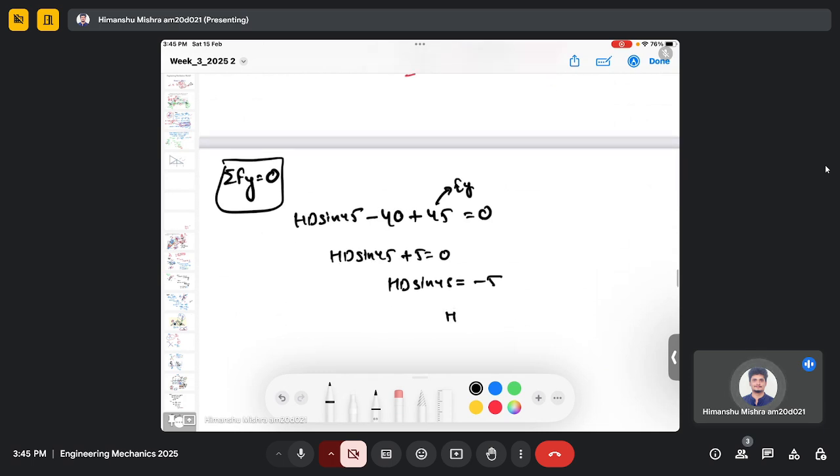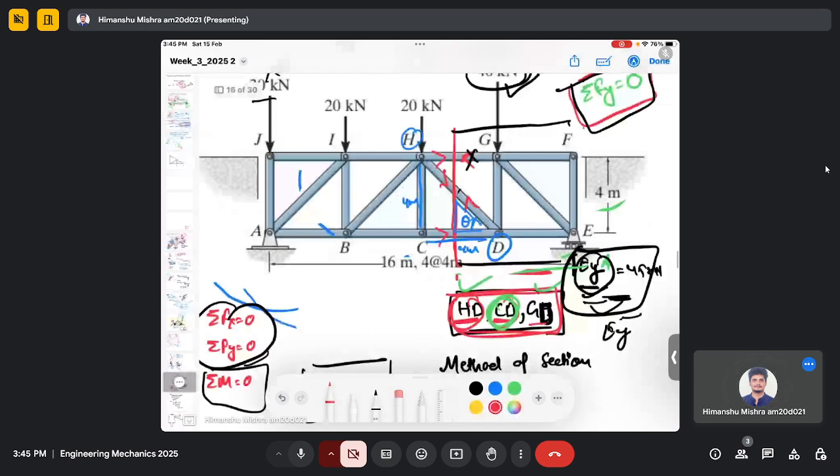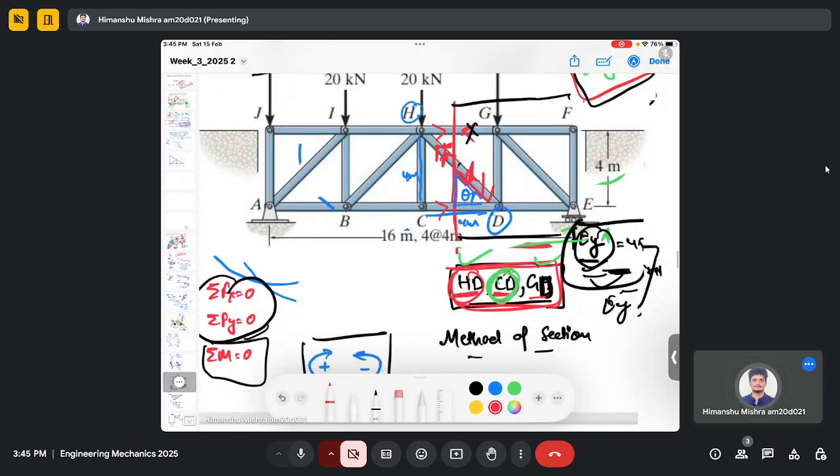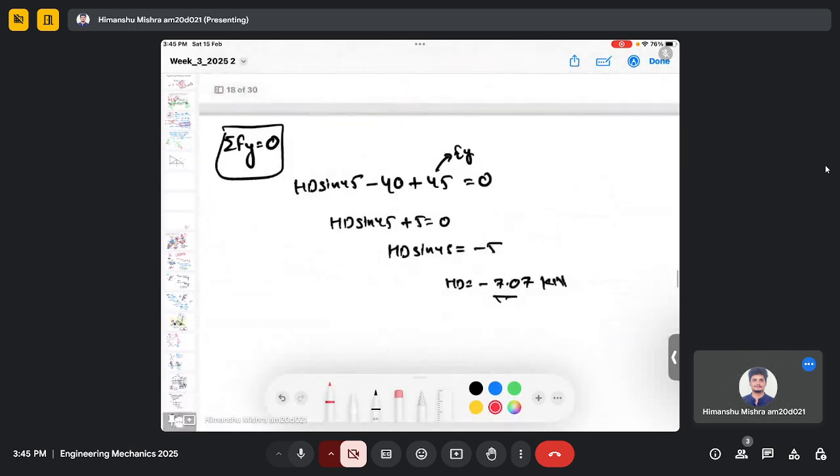So when you solve this, you will get minus 707.07 kilonewton. Again, it's a minus sign, which means we assumed the wrong direction. It should be like this, towards joint D, which is compressive force.